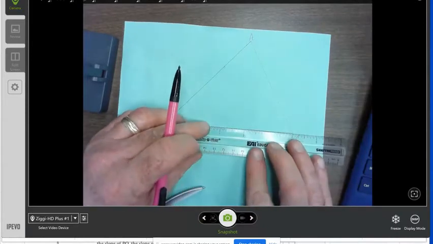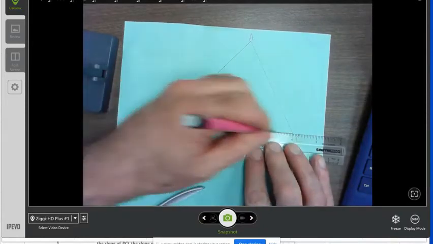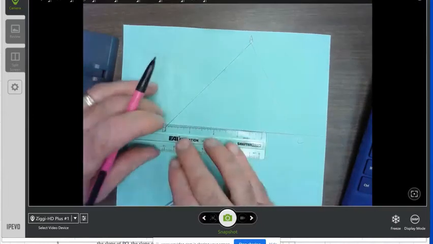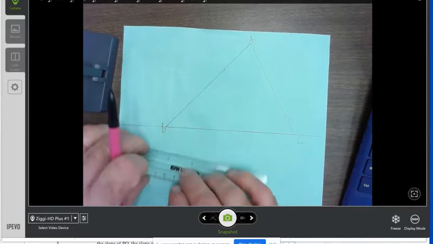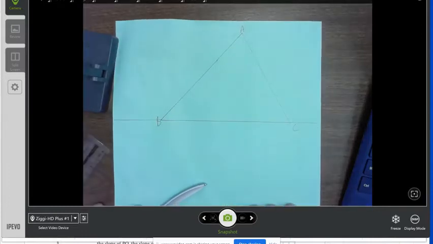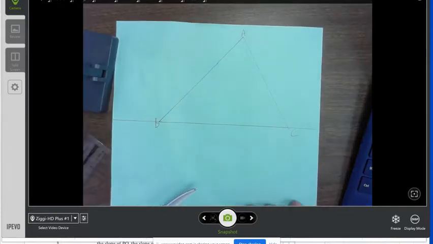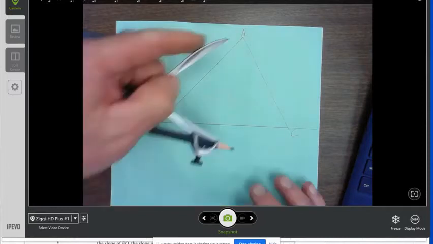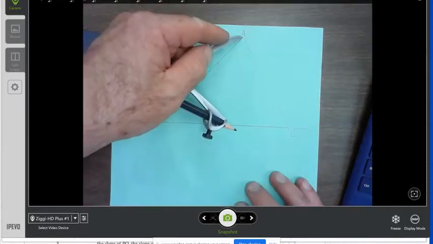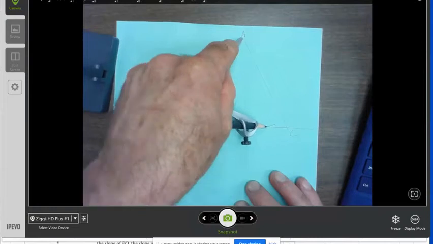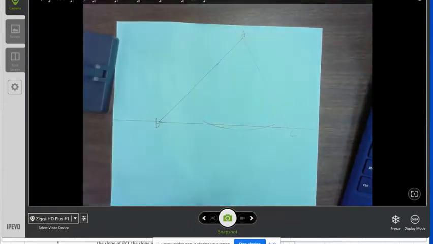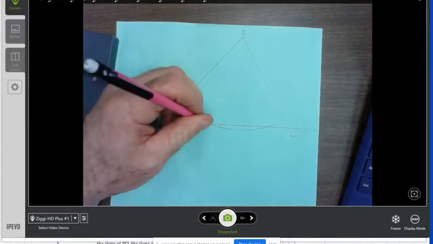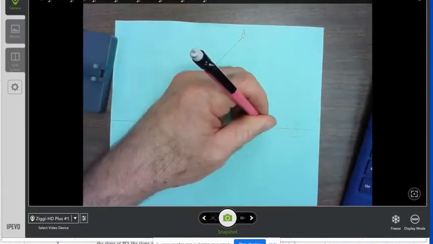So I'm going to run it from side to side until it goes off the page. Okay, so I extended line BC, and now from point A, I'm going to swing an arc that intersects BC twice. So that gives me those two intersection points. I'll call them P and Q.